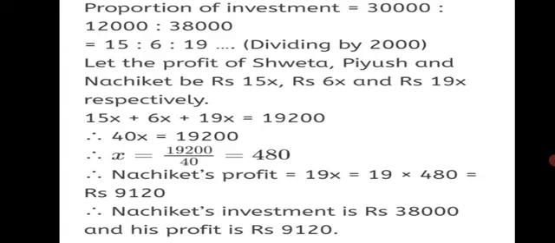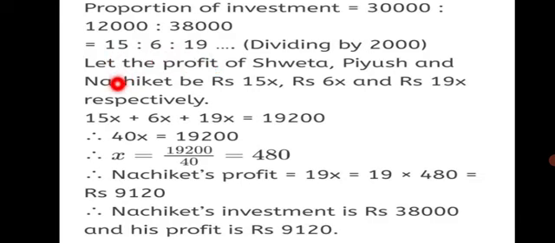So dividing by 2,000, since we don't want to solve the numbers in big numbers like thousands, we can easily divide and reduce. 30,000 divided by 2,000 you get 15. 12,000 divided by 2,000 you get 6, and 38,000 divided by 2,000 you get 19. So now the proportion of investment is 15 is to 6 is to 19 after reducing.